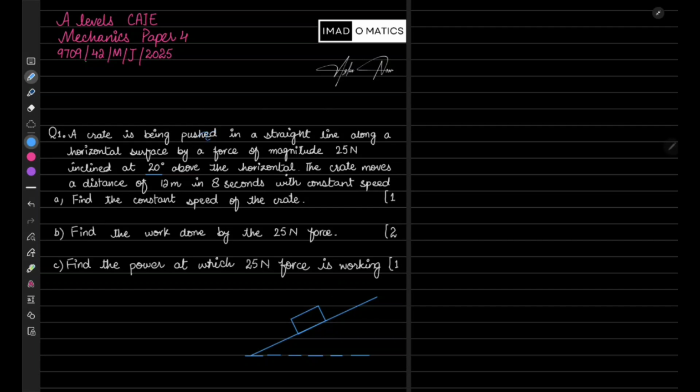Okay, so the crate is being pushed in a straight line. Pushed means it is dragged upwards, whereas if it were pulled, it would be pulled downwards.